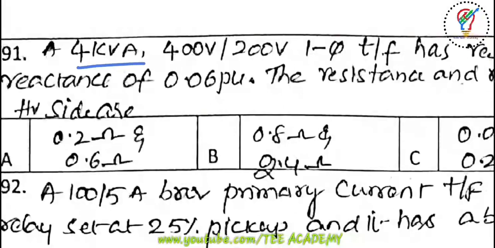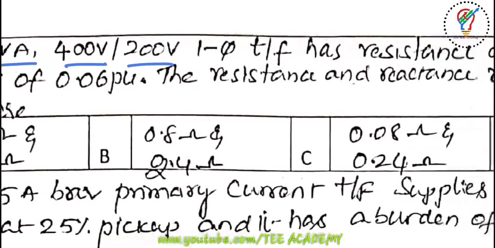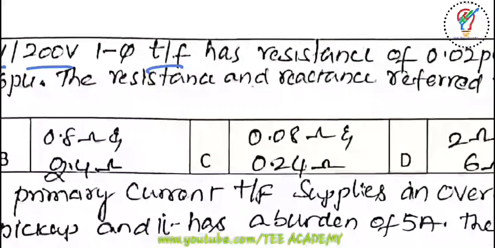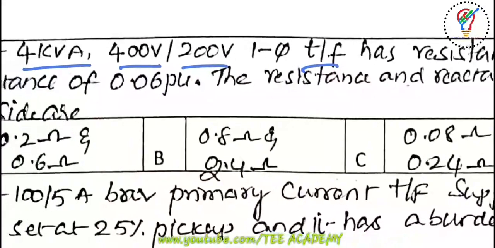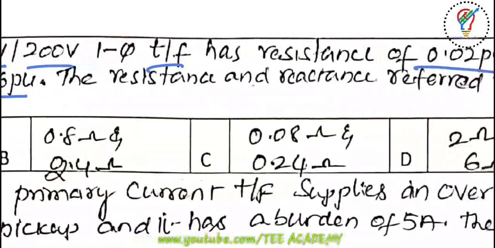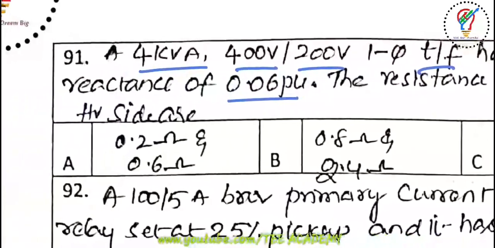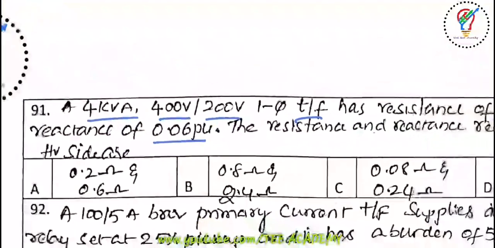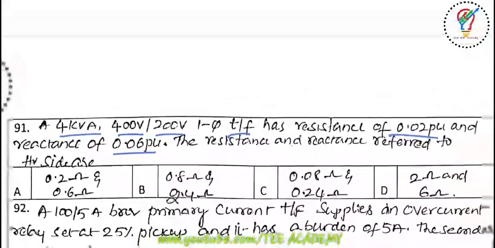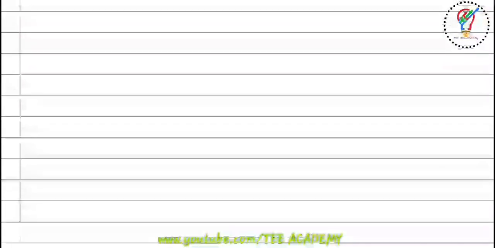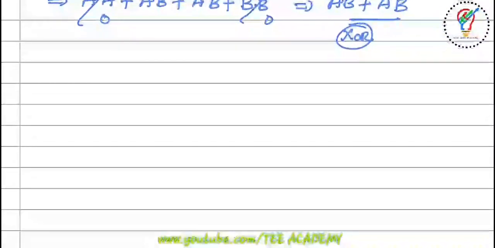A 4 kVA, 400/200 volts single phase transformer has a resistance of 0.02 per unit and reactance of 0.06 per unit. The resistance and reactance referred to the HV side are. Here we need to find the resistance and reactance. They gave the values in per unit and we need to calculate the actual values.